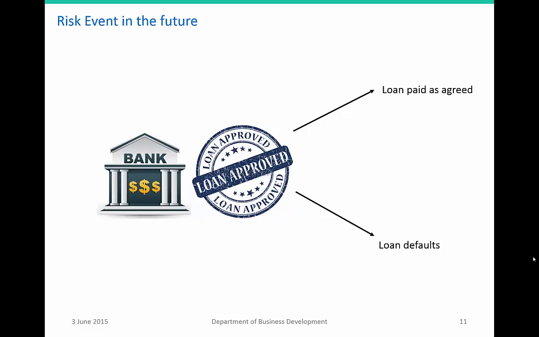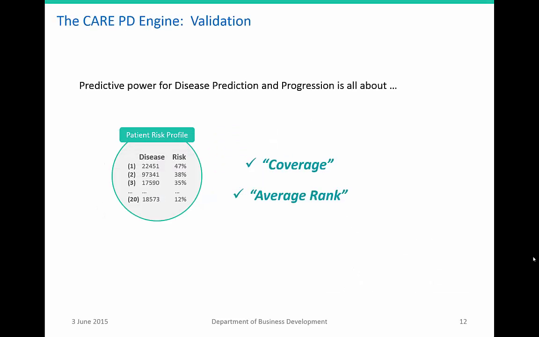Kind of like a projected either or, yes, no. In a healthcare setting, we are interested in multiple disease outcomes. So we are interested in predictive coverage. How well does CARE predict one or more future medical conditions of a patient and thus the entire population? And how well does CARE rank order these predictions as accurately as possible?